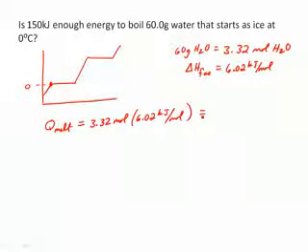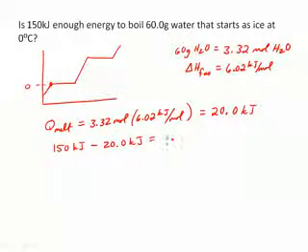That will give me 20.0 kilojoules. Then what I'm going to do is subtract what I start with, minus what I use to melt. So I have 130 kilojoules left.